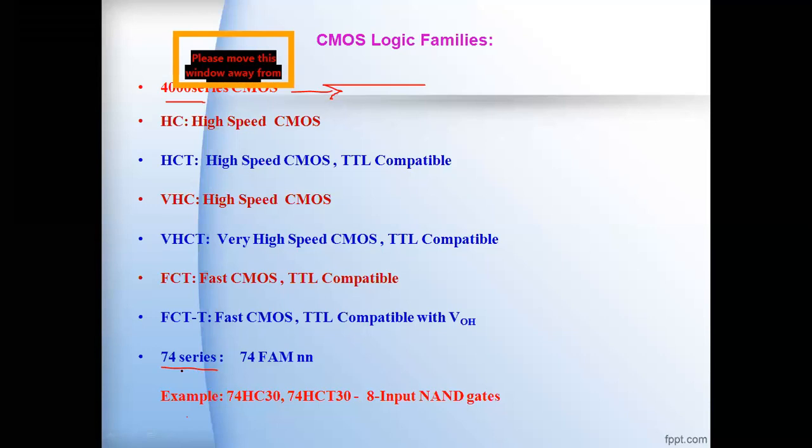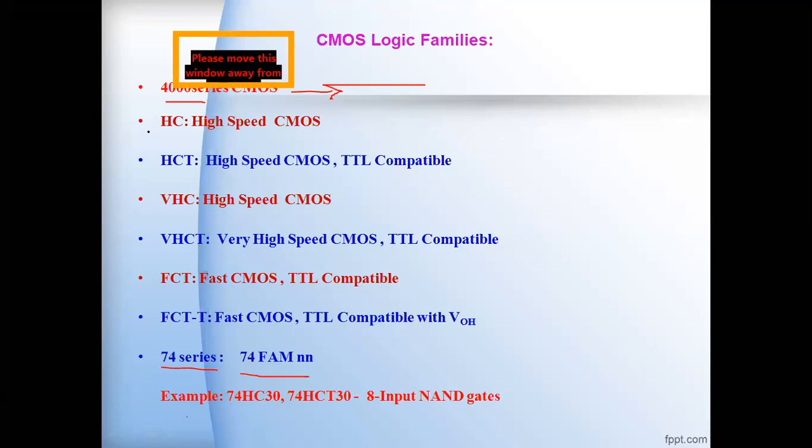This 74 series is identified as 74FAMNN, where FAM is the alphabetic family mnemonic, and NN represents the numeric function generator. That will help us to find out the various logic circuits here.